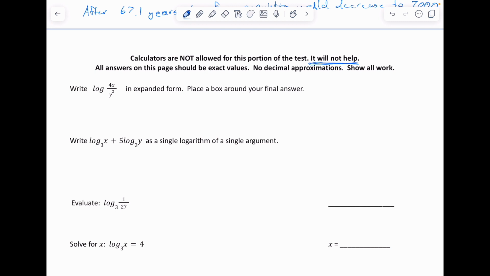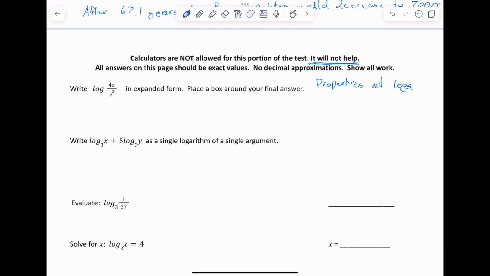So if I were to ask you to write log of 4x over y squared in expanded form, that calculator won't really help you for this one. Because this is asking you, do you know your properties of logs?